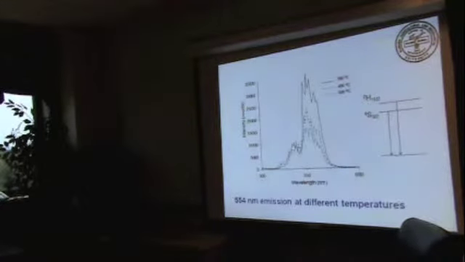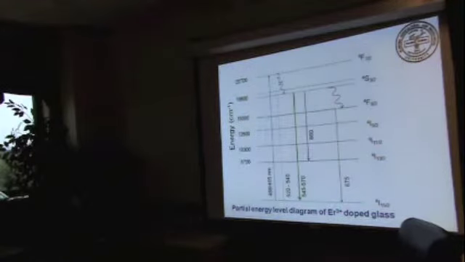When you do that, this also can happen. See here, these two levels are close by. So let's say there is some population in this level, because the other level is also close by, due to something called the Boltzmann distribution the upper level is also populated. Because this gap is small, the population in the upper level stays there so long as the population in the lower level stays there.